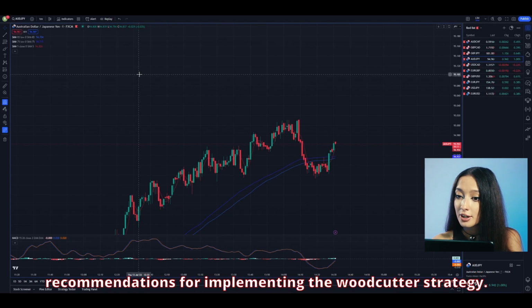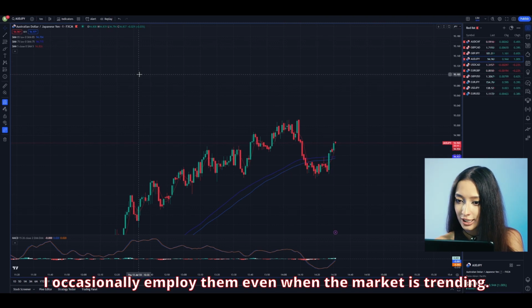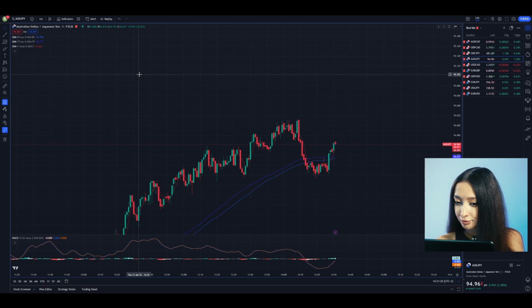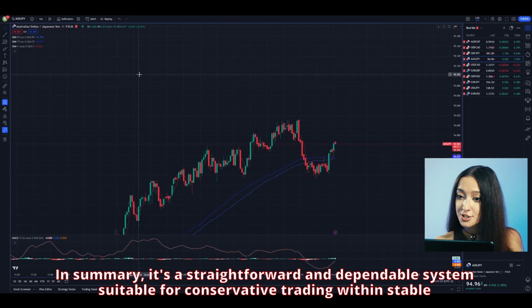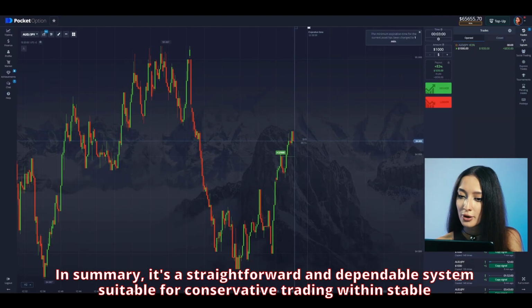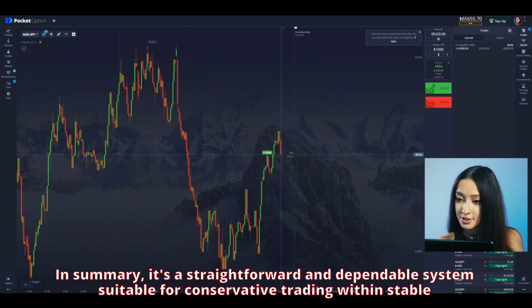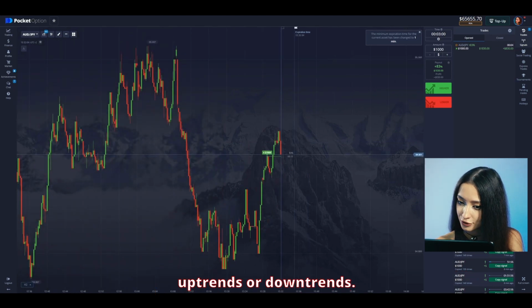This is our recommendation, guys, for implementing a good strategy. I occasionally employ that even when the market is trading. In summary, it's a straightforward and dependable system suitable for conservative trading with unstable uptrends or downtrends.